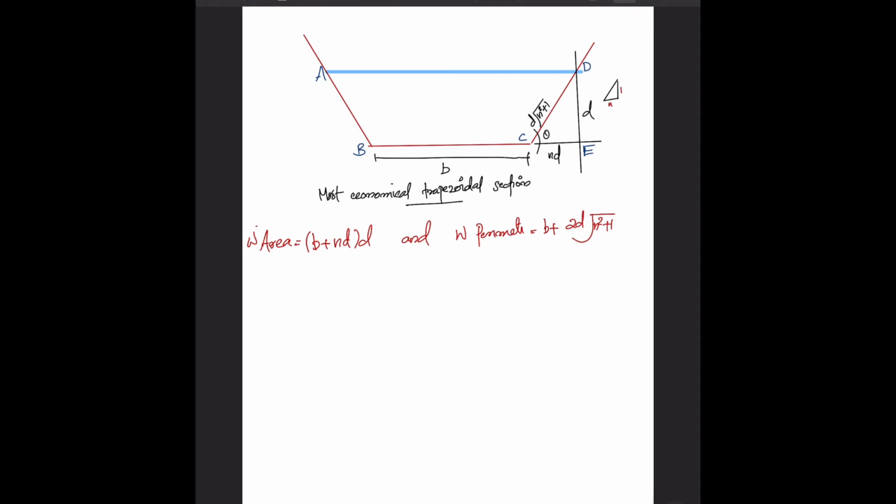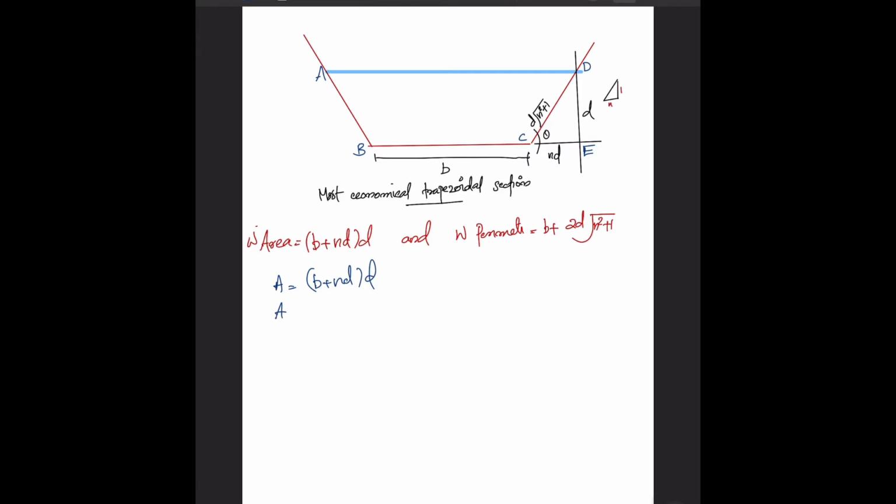So now let us start deriving the condition. A is equal to (b plus nd) times d.